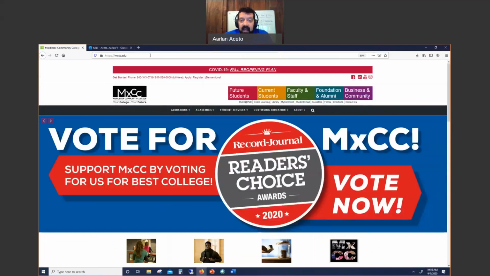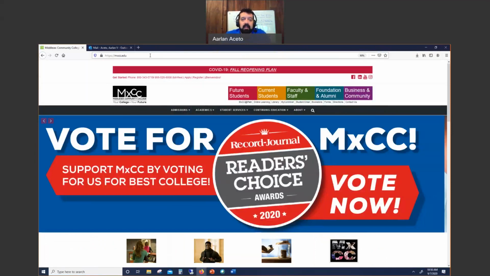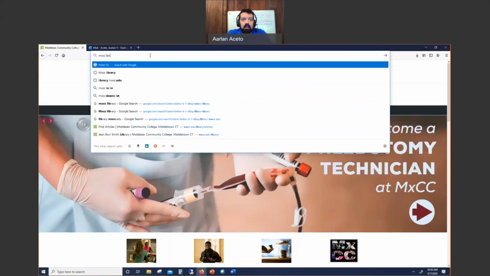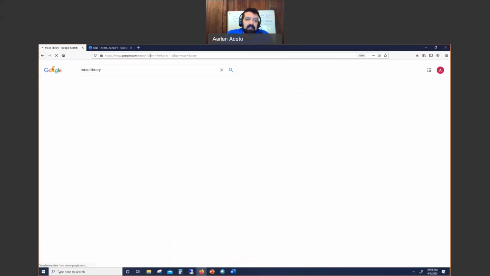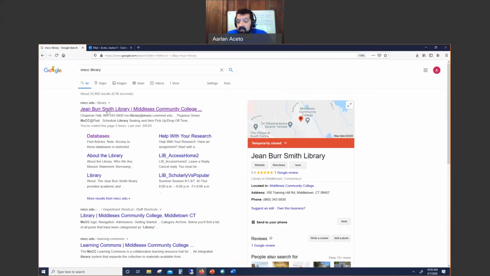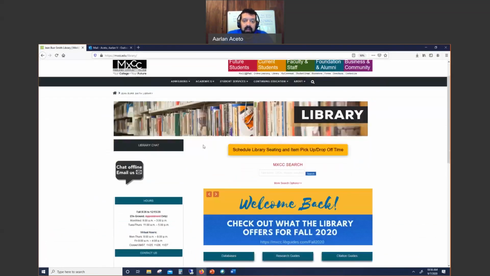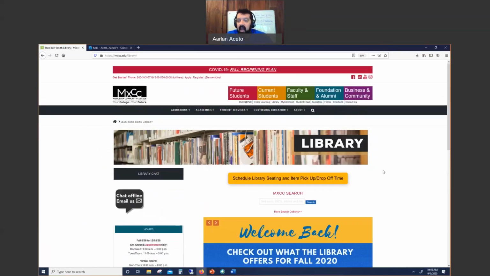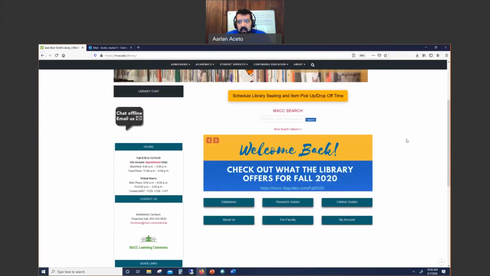Well, if you look, there's a lot that you can do through Middlesex Community College. One of the first things I want you to do is go to the library page. This Gene Burr Smith Library is upstairs in Chapman Hall, right above where we meet in lab. This is our page, and there's a lot of cool stuff here. You can reserve books. You can ask the librarians for help. They tend to like visitors.